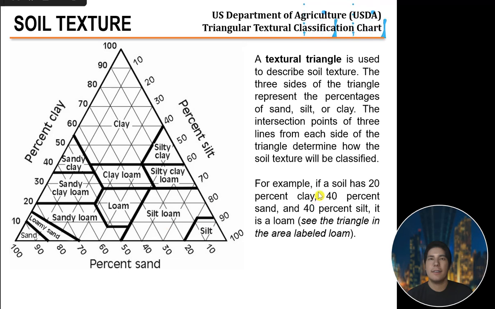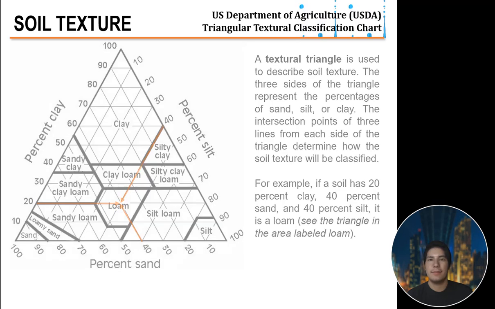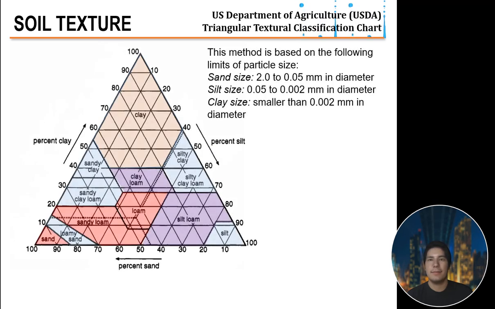So we can see here that if our soil has 20% clay, so this is it. This is the 20% clay. And then 40% sand, so 40% sand, this is it. And then 40% silt, so this is it. So their intersection is the soil texture, which is loam.